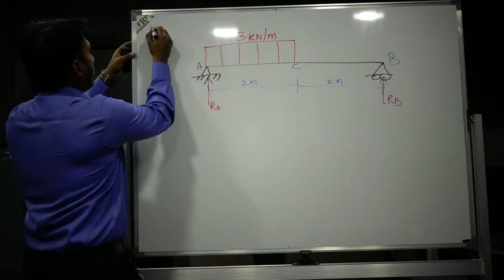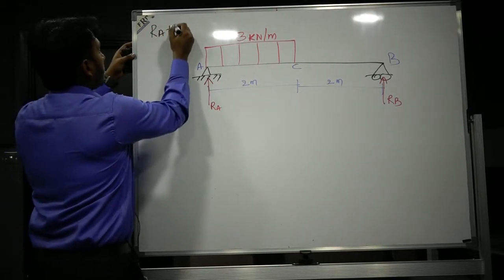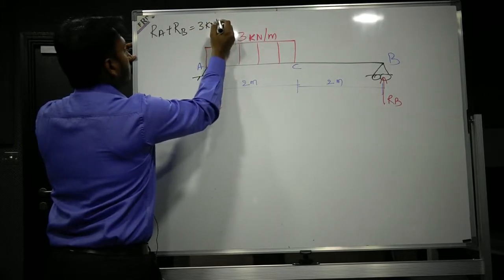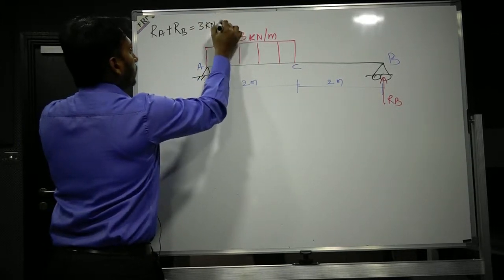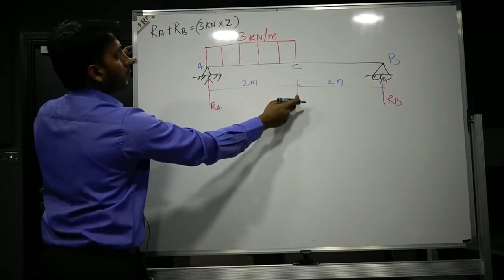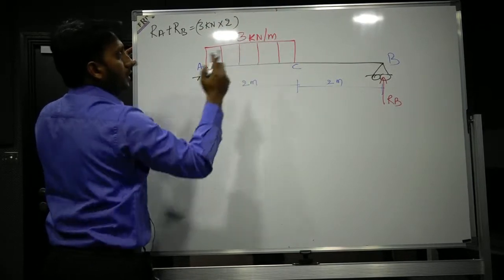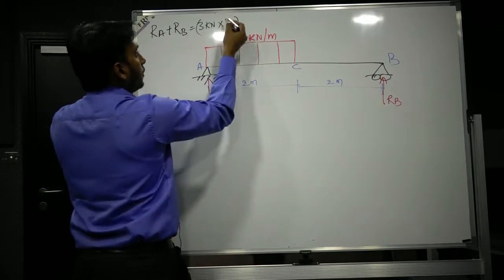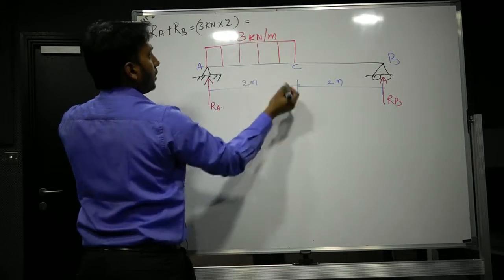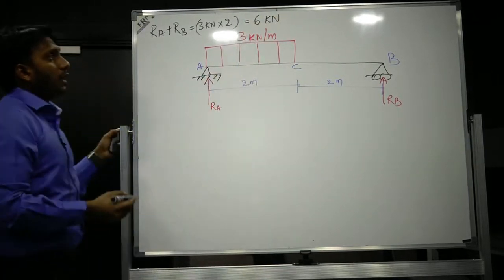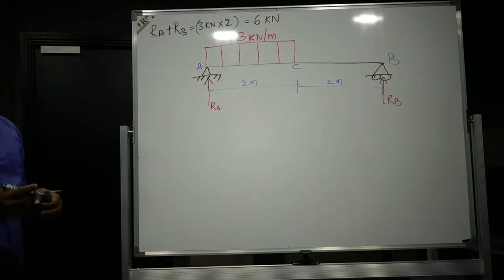As we discussed already, RA plus RB is equal to 3 kilonewton per meter into length 2 meters, that is 6 kilonewtons. So the total load acting, RA plus RB, is equal to 6 kilonewtons.